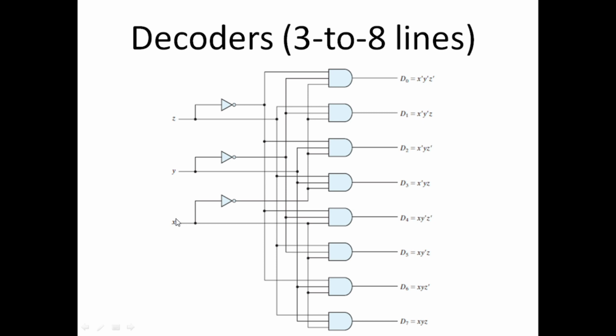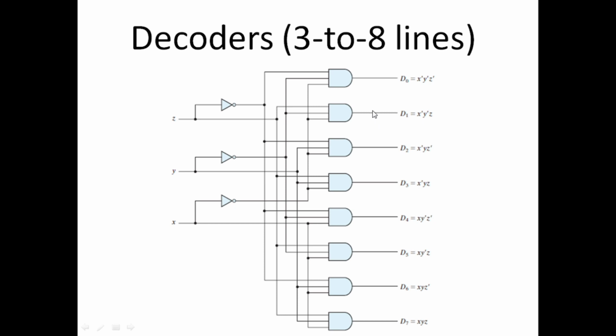When the input is all 0, for example 0, 0 and 0, this combination provides all the inputs to the first AND gate as 1, 1, 1, and this gives 1 at the first output d0.